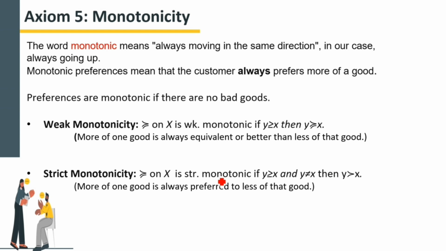It has a condition, this monotonic preferences. Preferences are monotonic if there are no bad goods. Why? When we talk about monotonicity, we say the consumer prefers more of a good, but it does not work for the case of bad goods, because for bad goods we do not prefer more of that bad good than less.